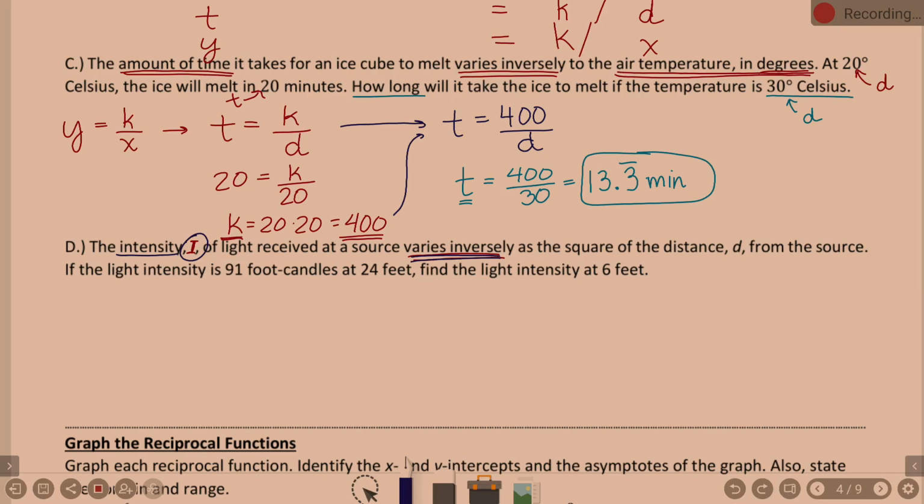Instead of Y equals, I'm going to say I equals. Now, varies inversely. Normally it's K over X, right? We're going to say K over, we don't know yet. Now, what does it vary inversely with?